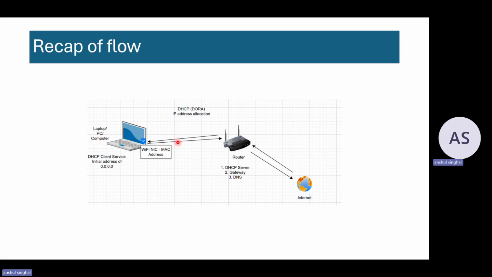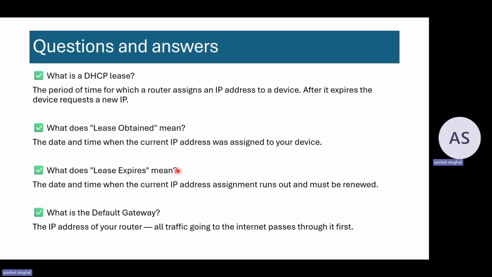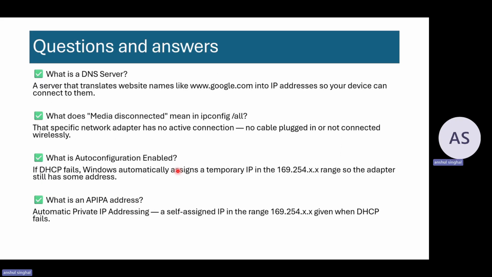Then the DORA process will fail, or this DHCP mechanism will fail, and the laptop is not going to get an IP address. But if auto configuration is enabled, then with the help of automatic IP address allocation, it's going to get a different IP address. That mechanism is called APIPA.